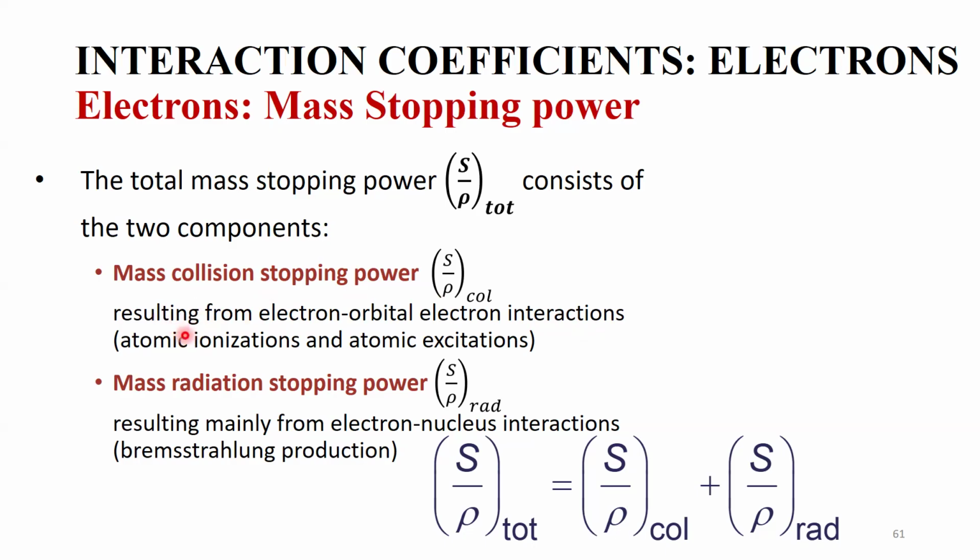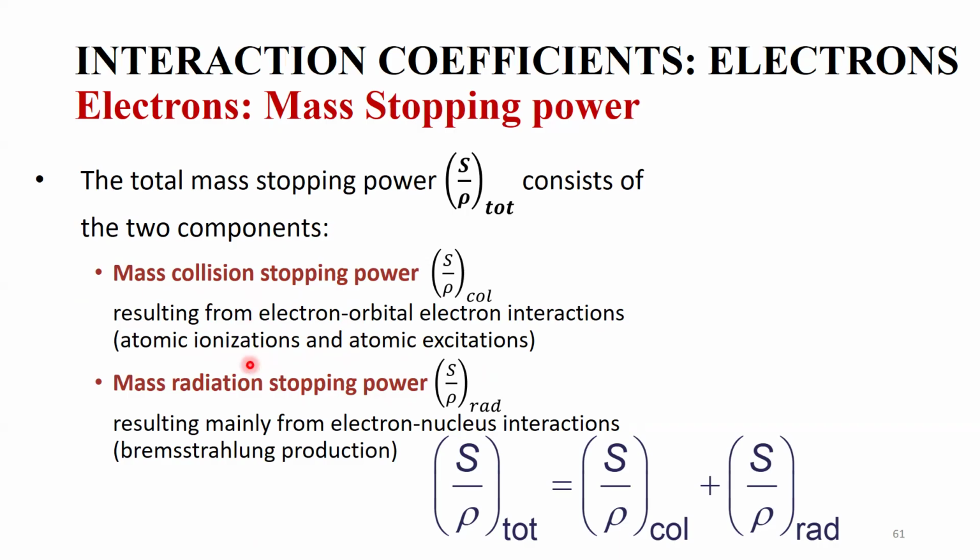Whereas atomic excitation is concerning the energy transfer. If this energy transfer is insufficient for ionization, the orbital electron may be excited to a higher energy state. So this is the difference between ionization and excitation. These interactions result in energy loss from the incident electron. The mass collision stopping power reflects this energy loss, and it is a dominant component at lower electron energies.